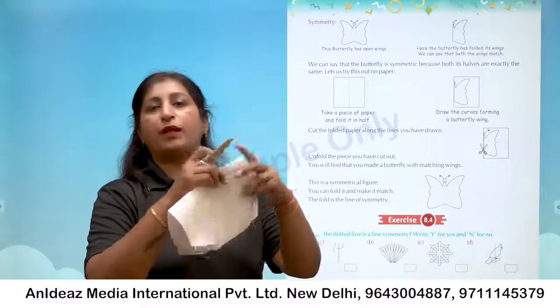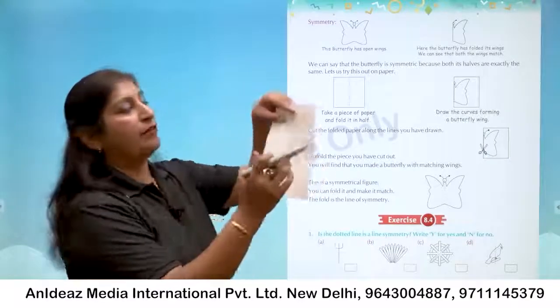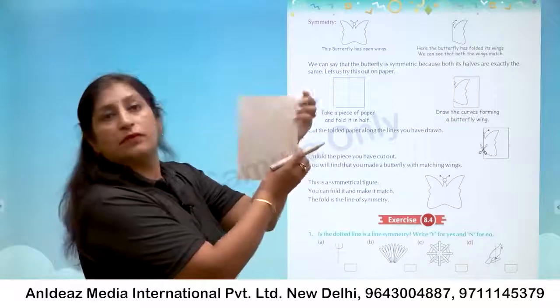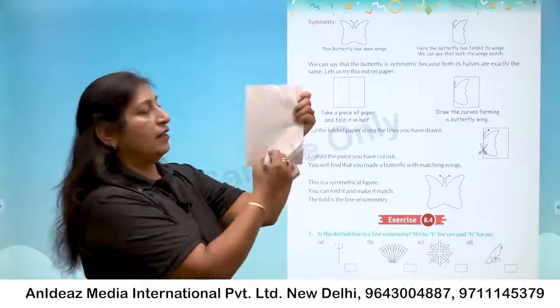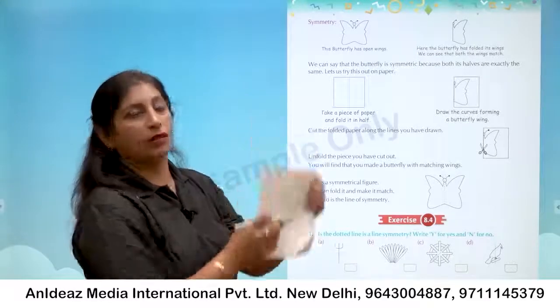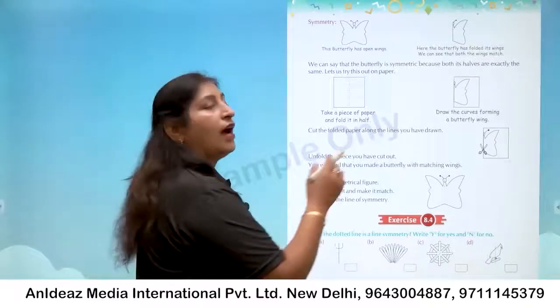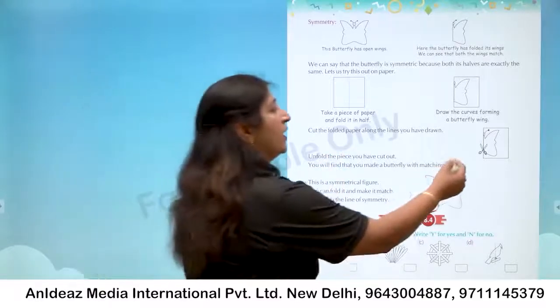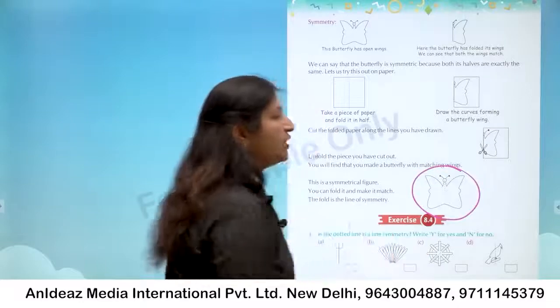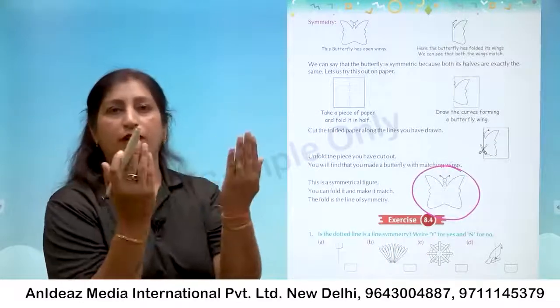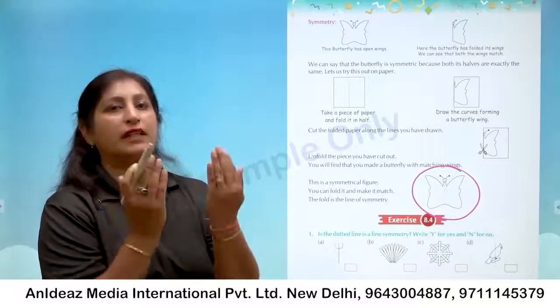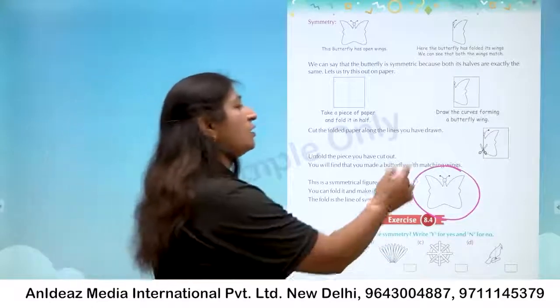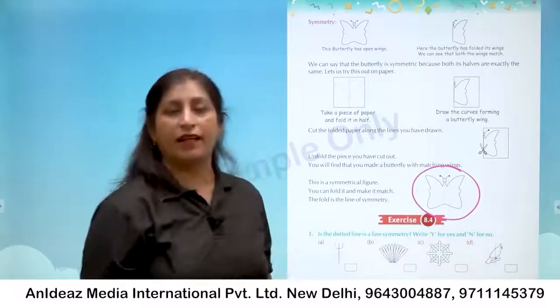If we have taken a sheet of paper, folded it in half, drawn the shape of a wing and then cut it out, then after the cut, you would get this shape. If you unfold the paper, you would get both the wings together. It means the wings were symmetrical.